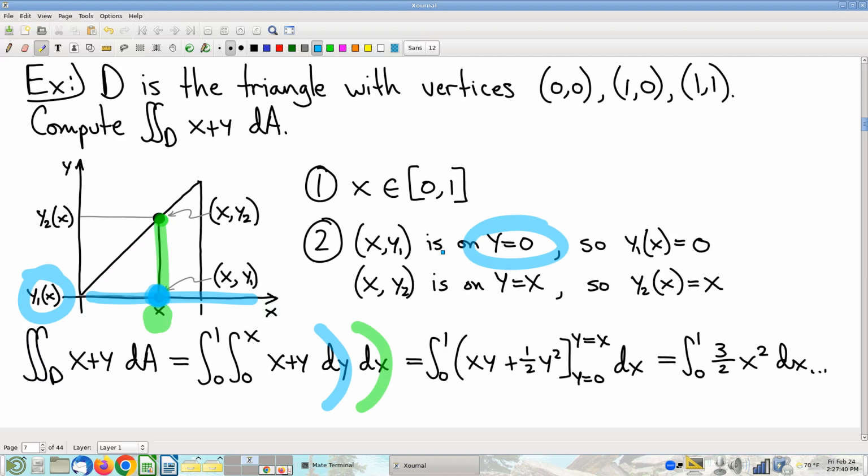Now here's where a lot of students go a little too quick. You wouldn't get a wrong answer if you were too quick in this case, but we're going to see some examples where you really would. So I think it's always valuable to be cautious at this stage. Don't just immediately put down 0. Think through, wait a minute, what am I doing? I'm looking for a y bound.